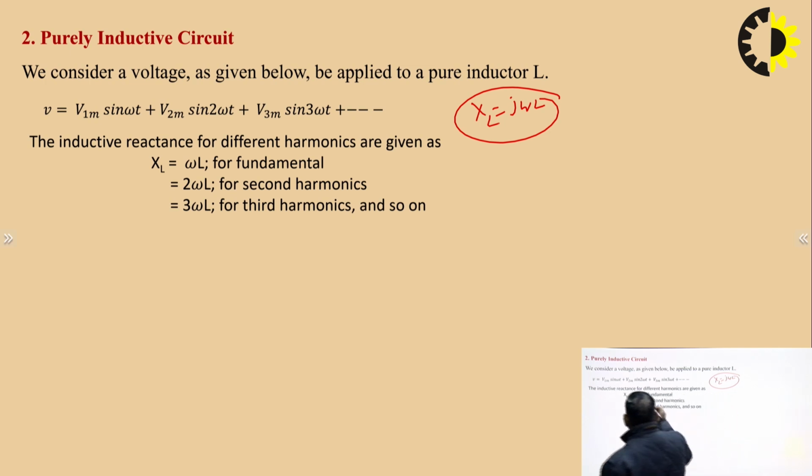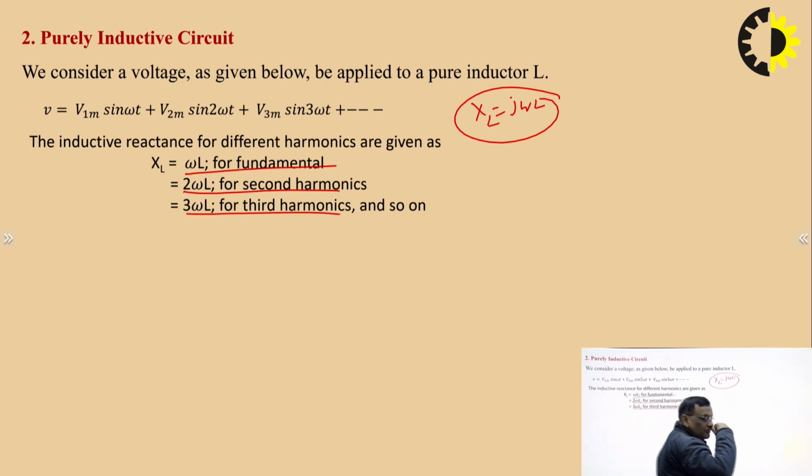For the fundamental it will be omega L, and likewise for the second harmonic, the third harmonic, and so on. For the different frequency components of the voltage waveform, the current will be different because the impedance is changing.